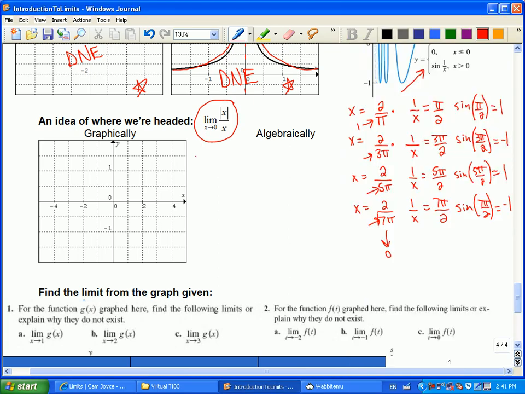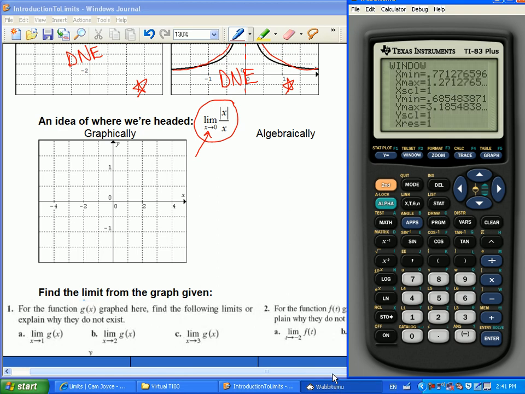We're looking at the limit as it goes to 0. So I'm going to pick something where I can see x equals 0. The picture there goes from -4 to +4, and the picture goes from -2 to +2. So I'll do the same thing. All right. There. Prepare to have your minds blown.